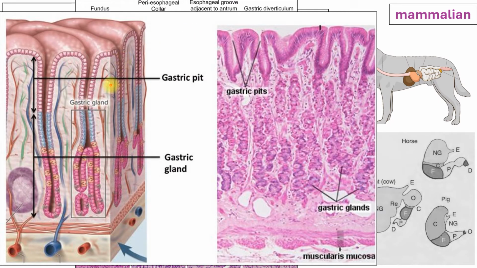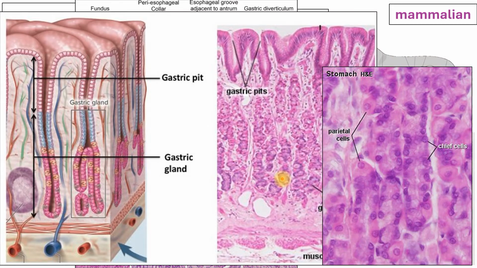If we focus on the gastric gland area, we can see that it's actually composed of differently staining cells. When zooming in, the gastric glands contain your parietal cells, which are more pinkish in color, and then your chief cells. Your parietal cells produce hydrochloric acid, and your chief cells produce pepsinogen.